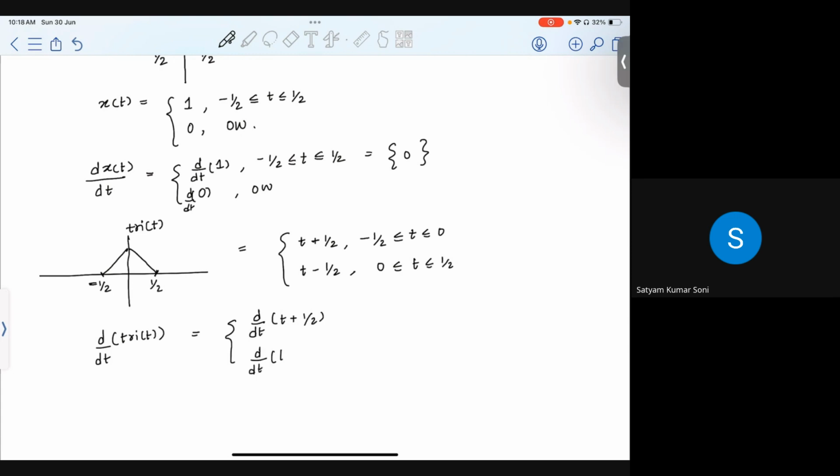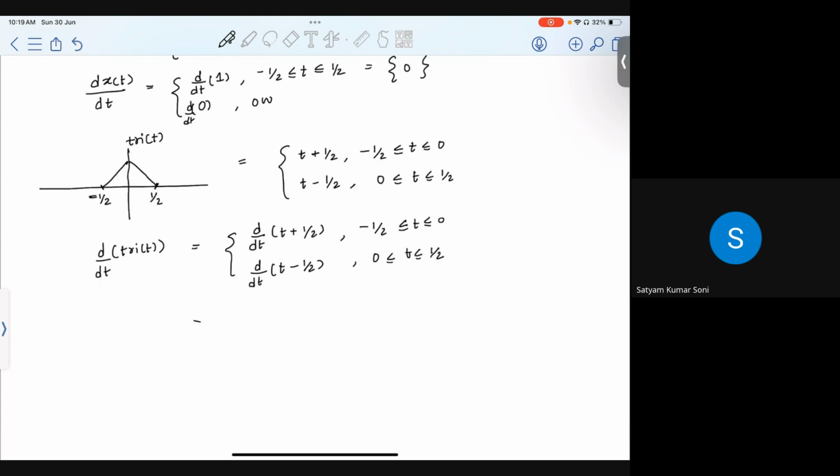Differentiating them individually, you have 1 from minus half to 0, and 0 otherwise, and for 0 less than t less than or equal to half, minus 1, 0 otherwise.